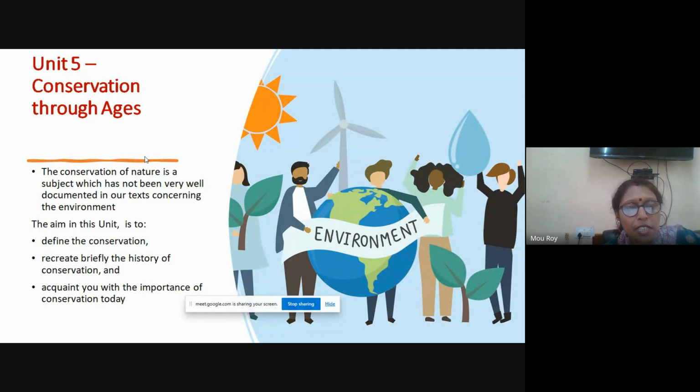So it always involves efforts to prevent degradation and destruction of resources, and to maintain their biodiversity, ecological balance, and overall health. There are several reasons why conservation of nature is important.